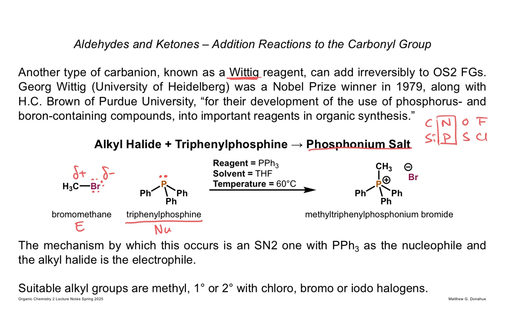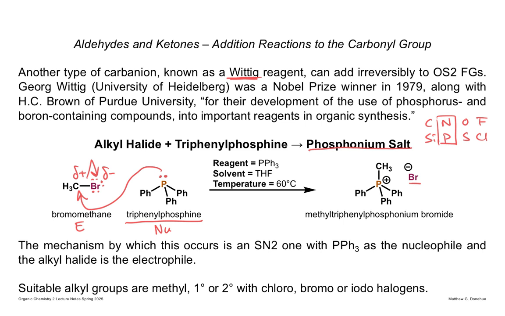It'll do a SN2 reaction. So it attacks carbon, and then the bromine leaves. So now you have a phosphorus carbon bond. Phosphorus is plus, and then the negative is balanced by the bromide anion. So that overall, that's a salt.